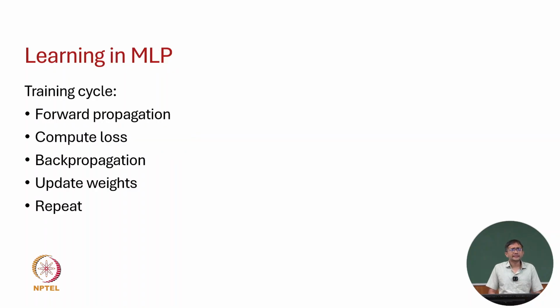Now, let us think a bit about how the learning happens in an MLP. And this is more or less the same going forward when we talk about CNNs and vision transformers.